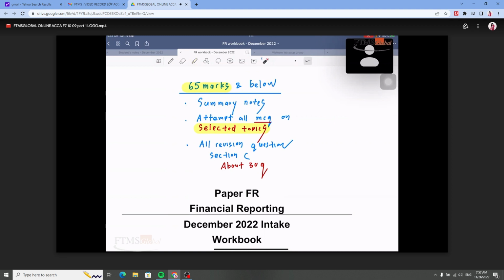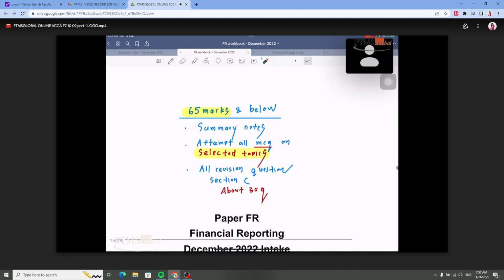If you want to be a prize winner, you need to do more and read the textbook. But if you just want a pass and not exceeding 65 marks, then this is what you need to do.